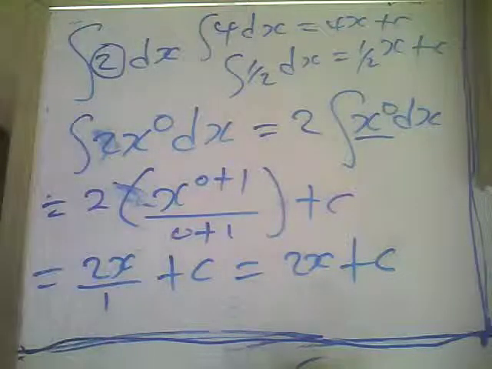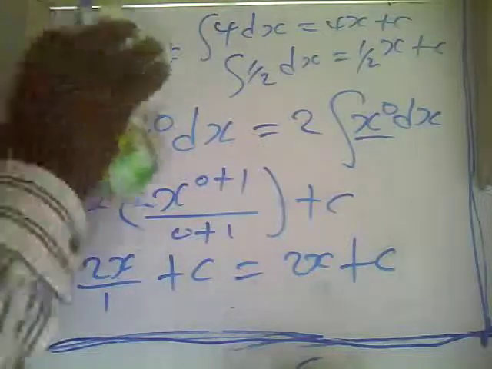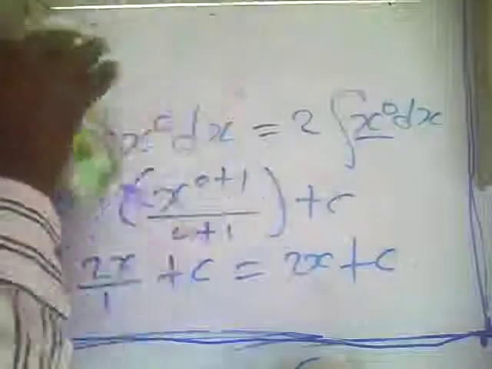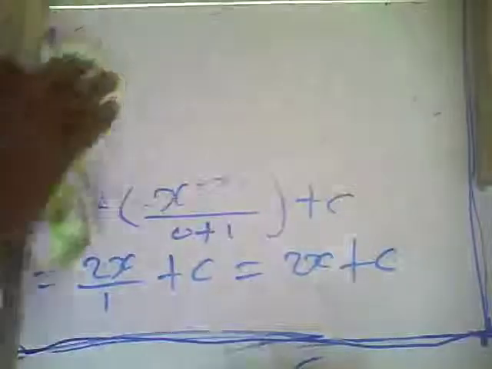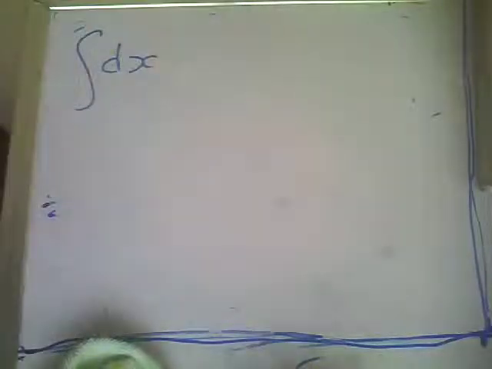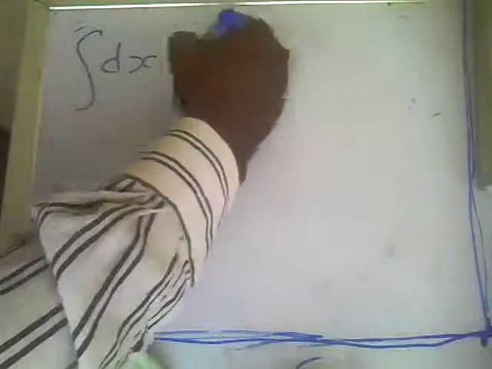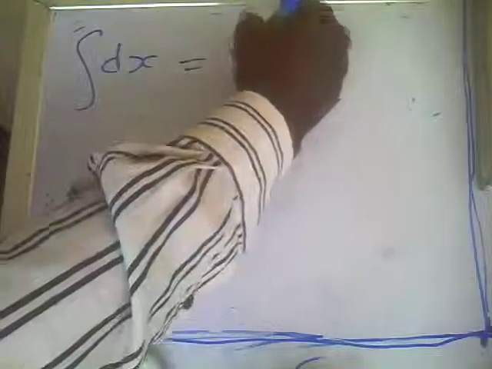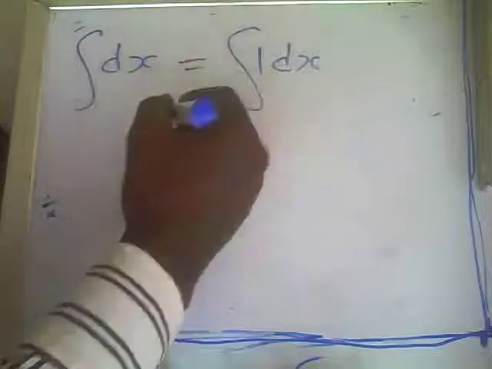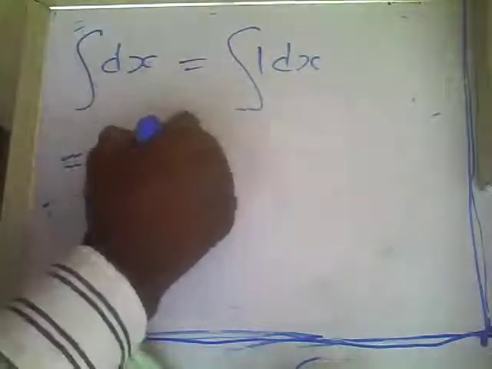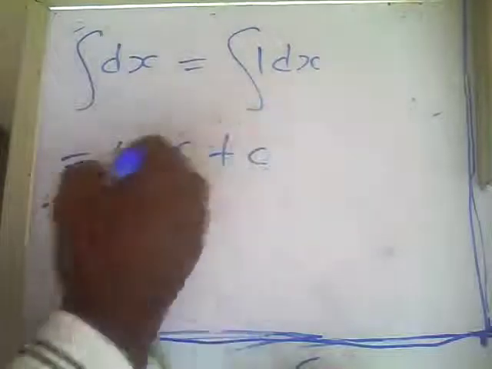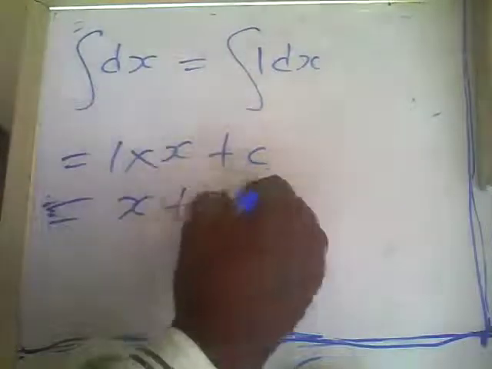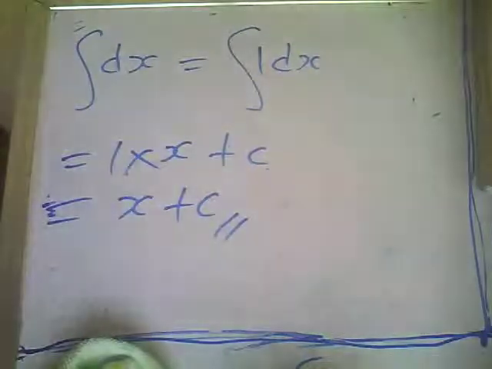Finally, occasionally we come across questions of the form integral dx. As a math student, you should know that this means integral 1 dx. From what I've told you, that's going to be 1 times x plus c, which is x plus c. So when you integrate 1, you have x plus c.